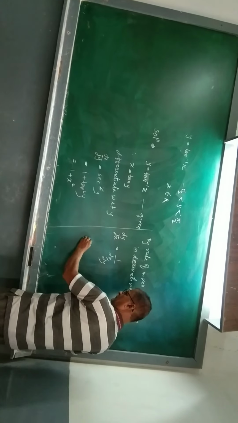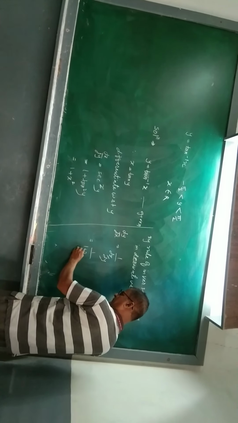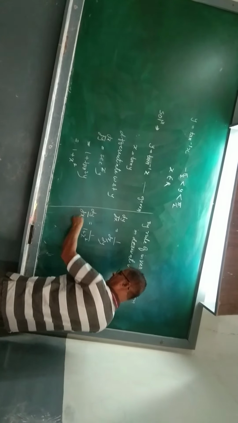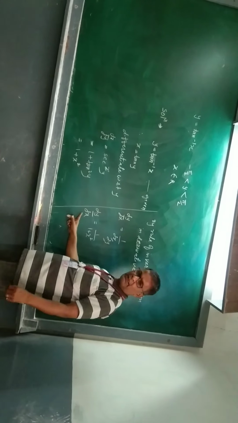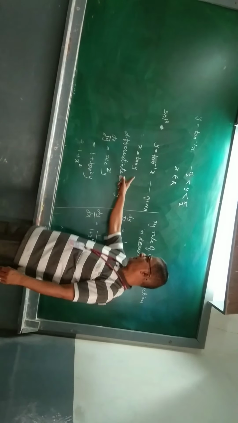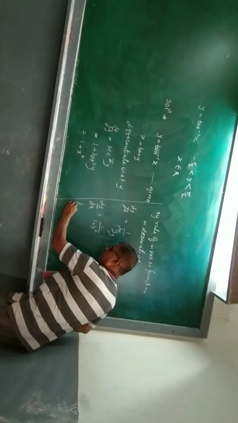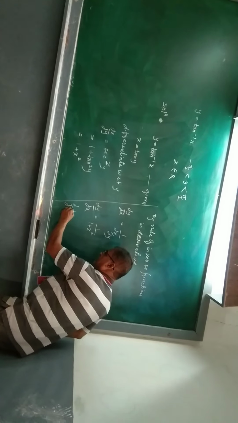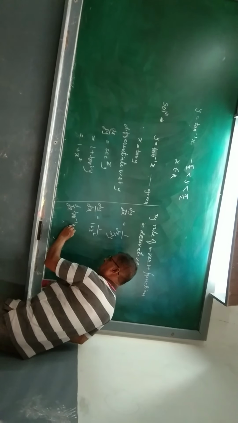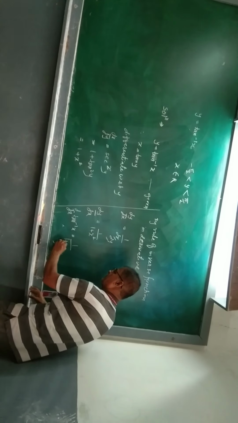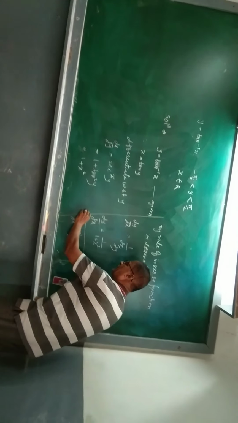Substitute the value: 1 upon 1 plus x square is dy upon dx, the derivative of y with respect to x. So what is y? y is equal to tan inverse of x. So d by dx of tan inverse of x is equal to 1 upon 1 plus x square. This is the derivative of tan inverse of x.